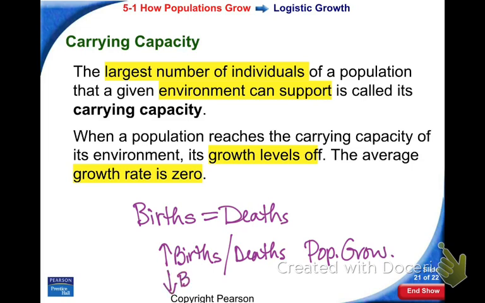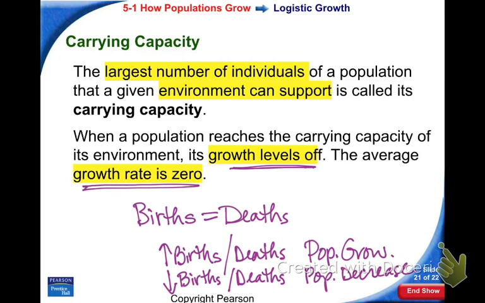If you have fewer births than deaths, then your population is going to decrease. Okay, so when you have births and deaths equal, then the growth levels off and the growth rate is 0. So my question is, how many children would you have per family to make human growth 0? Think about that.